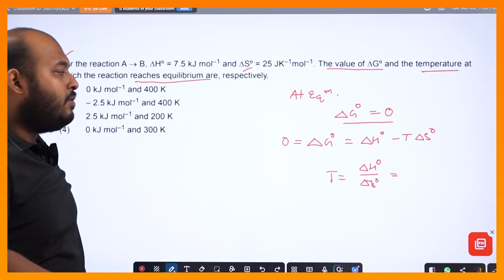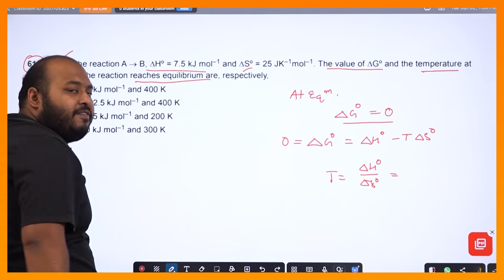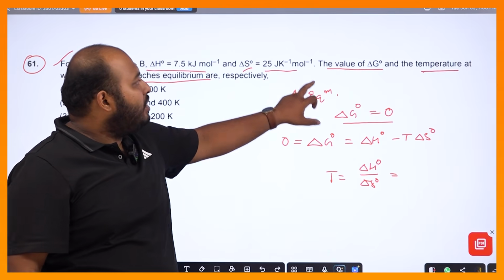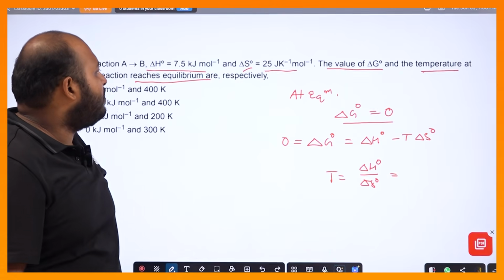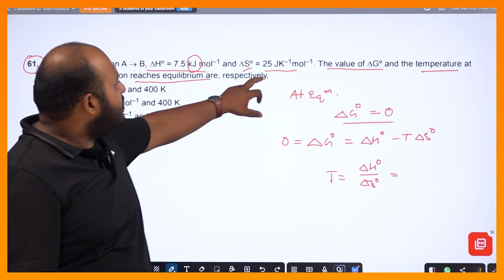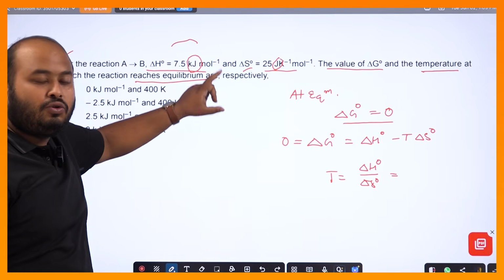So if we put the values, suppose the del H naught value is given as 7.5 kilojoule per mole, and del S naught is given as 25 joule Kelvin inverse mole inverse. As you can see, the unit in one case is kilojoule and in the other it is joule. So we have to convert the kilojoule into joule.